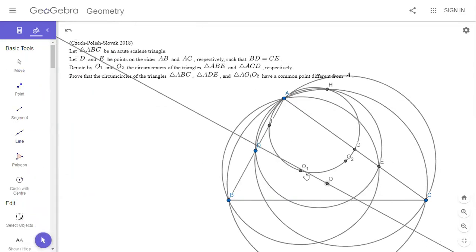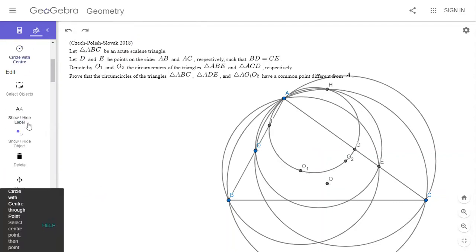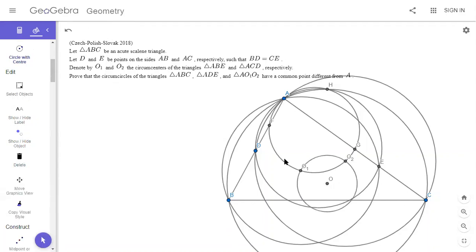And you're saying OO1 is equal to OO2. Yeah, I think that would follow by angle chasing down AOO1.